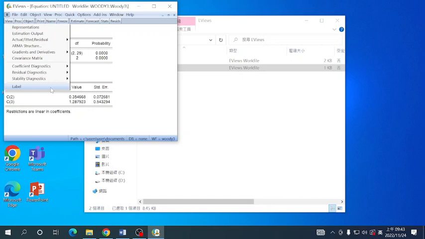Okay, we're going to talk about coefficient diagnostics, residual diagnostics, several of them. So you should be familiar with all those functions. Okay, this is what we call the partial F-test.